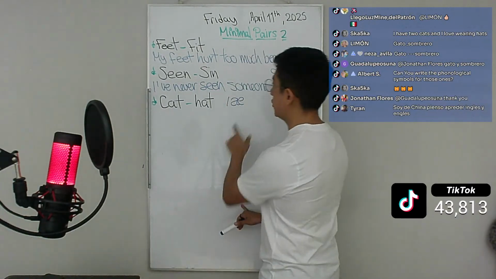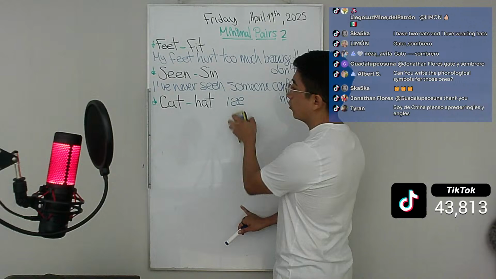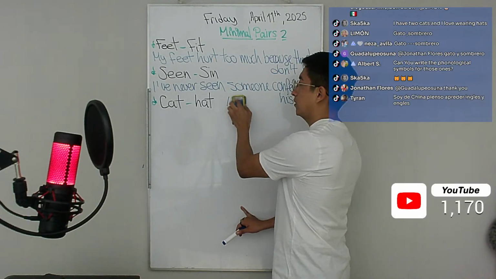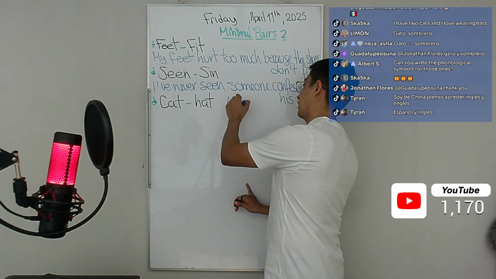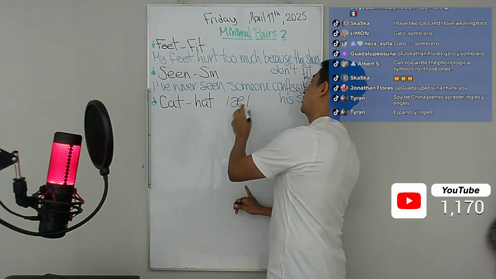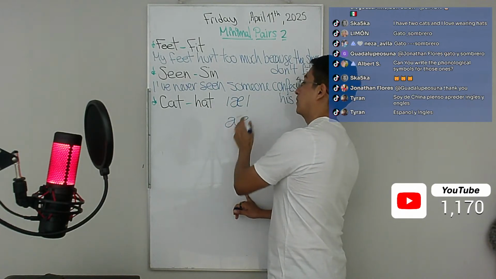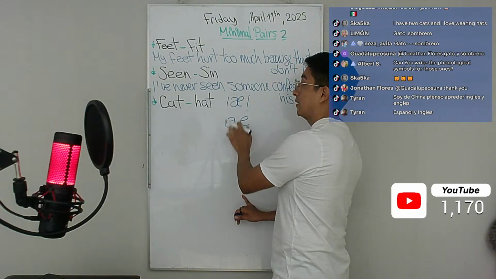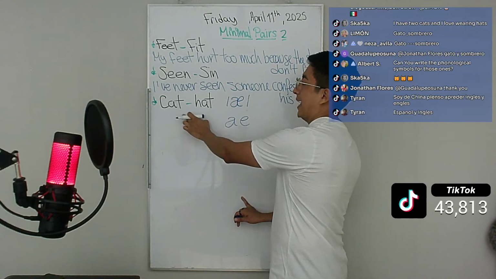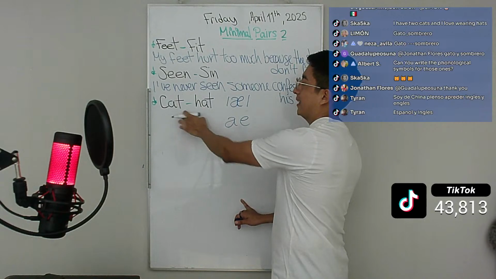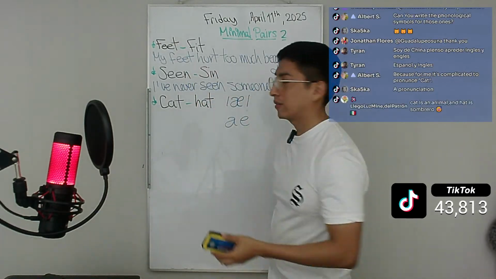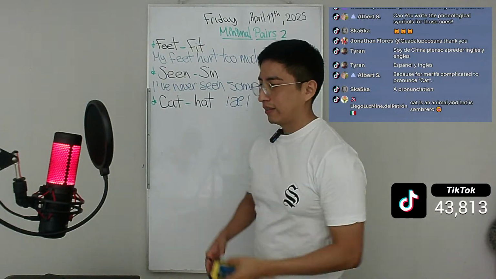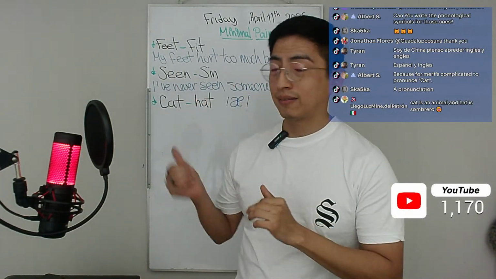It's a combination between A and E. If you combine these two together, we have something like this. It's like an A and an E. Cat, hat. You have to combine these two sounds together. I'm not an expert in this kind of phonetic symbols, but this is a good one.